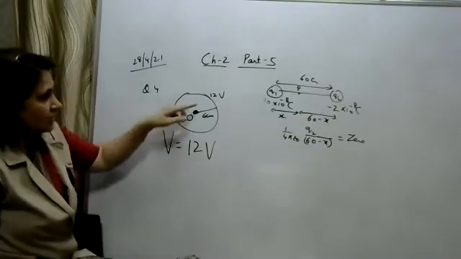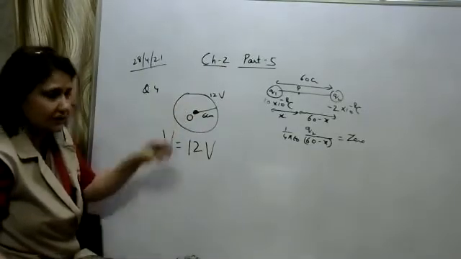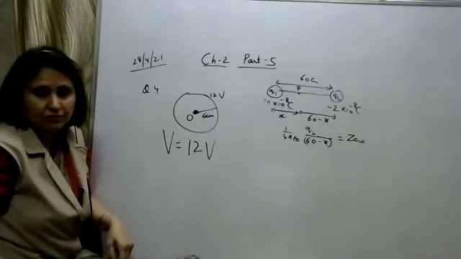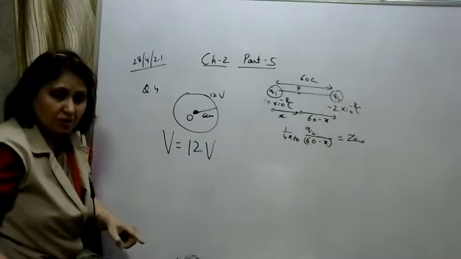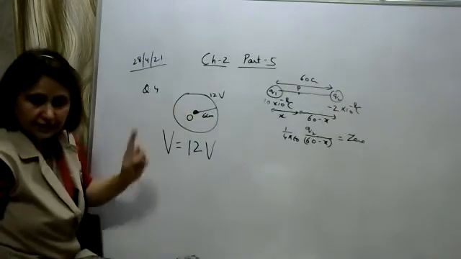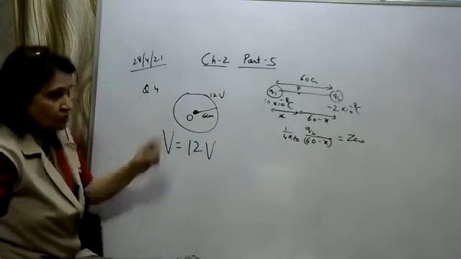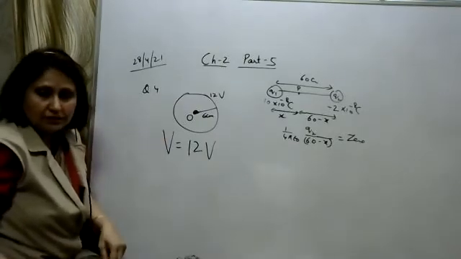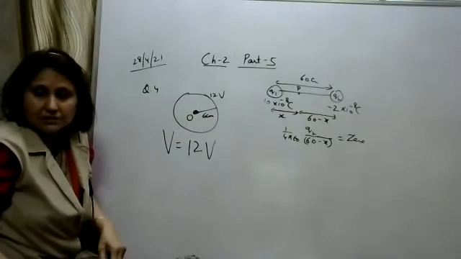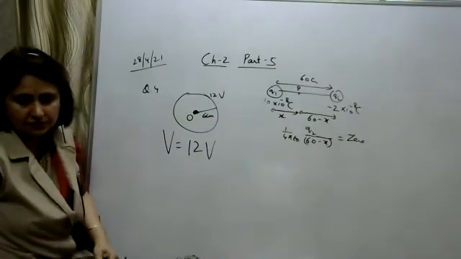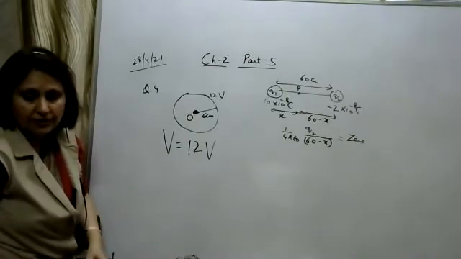Whether it is at the center or at any other point, the potential will be 12 volts. Using Gauss law, we found the electric field inside a charged spherical shell is equal to 0, so the potential will be constant. Electric field is minus dV by dr. Okay, done.